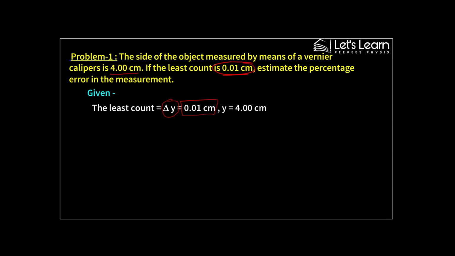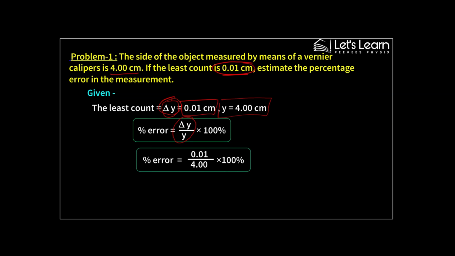And how much is the true value of y? 4. And what do you want? You want the percentage error. Formula for the percentage error: absolute error divided by the true value times 100, which is 0.01 divided by 4 times 100, 0.25%.